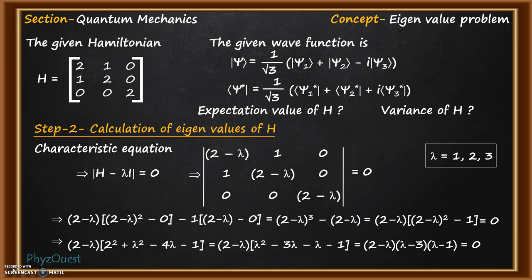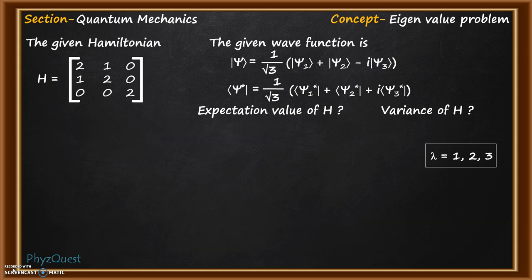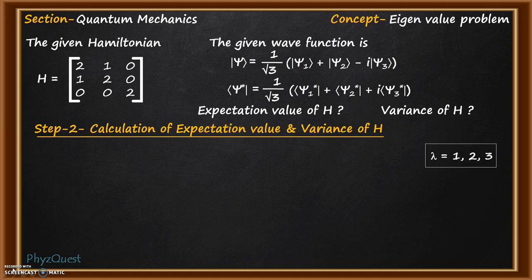Now we have the eigenvalues as well as the normalized wave function. So next we can proceed with whatever is asked in our question, that is calculation of the expectation value and the variance of the Hamiltonian. Before calculating, you must understand what is actually the meaning of expectation value and variance.